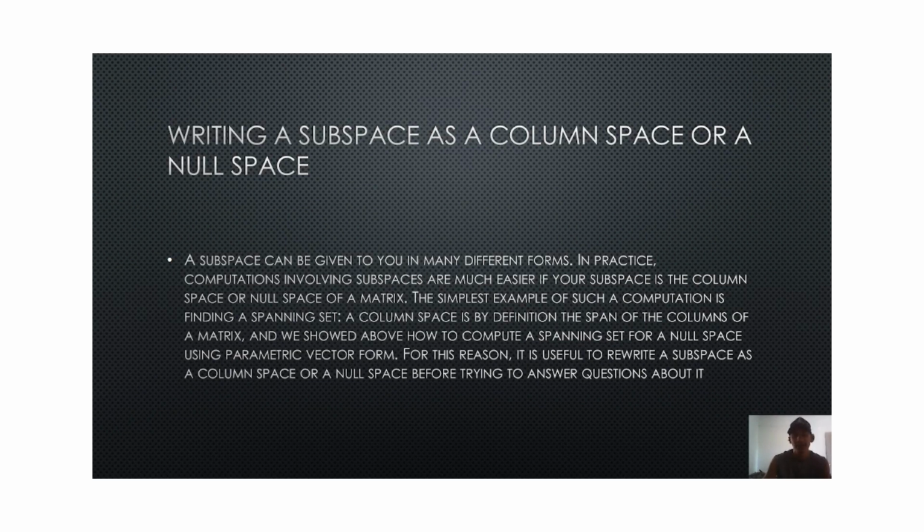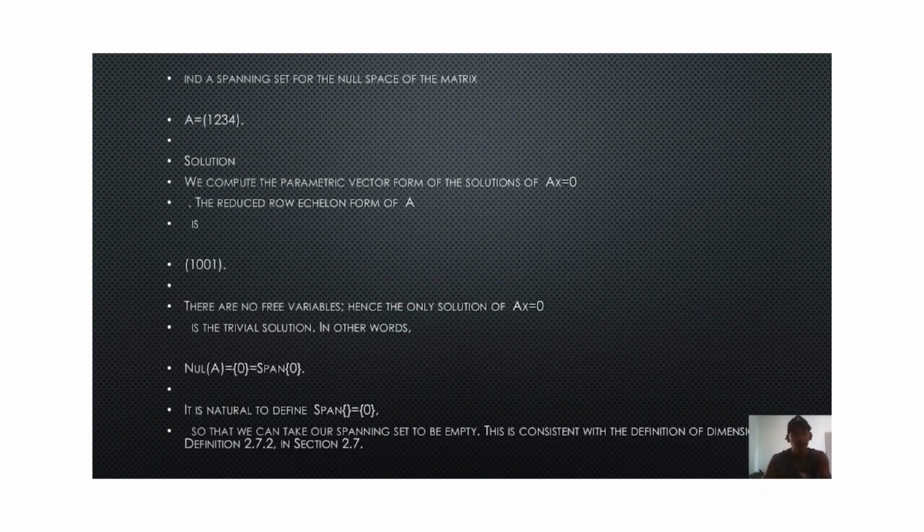A column space is by definition the span of the columns of a matrix, and we showed above how to compute a spanning set for null spaces using parametric vector form. It is useful to rewrite a subspace as a column space or null space before trying to answer questions about it. This is the example, you can note it down.